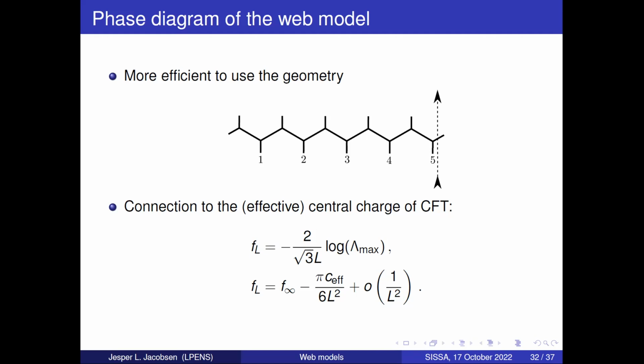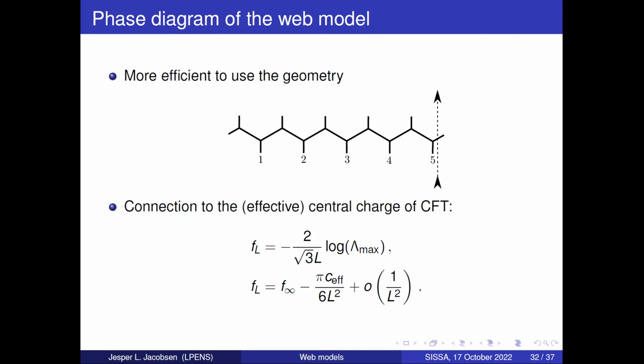So now, since our lattice is not a square lattice, there is a 2/√3 coming in, because you really need to normalize your free energy per unit area, which is not the same as per vertex. And so what we want to do is now to take lattices of, say, 2 different widths.